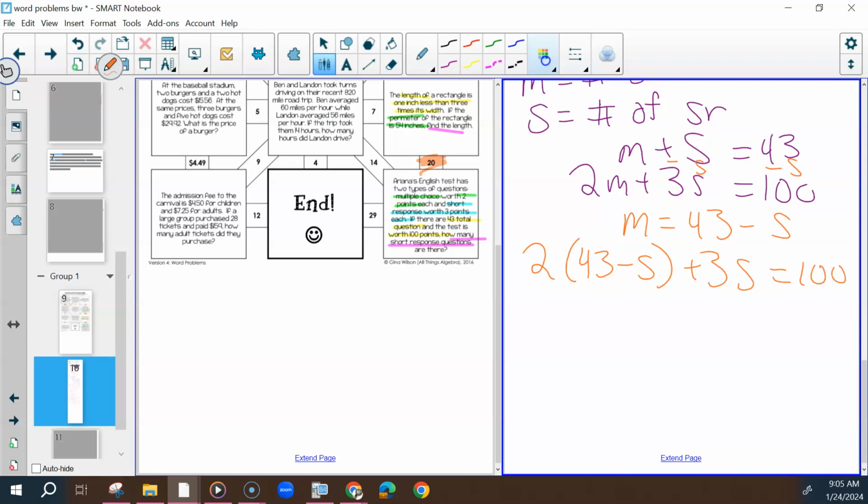And distribute and solve for S. That does say 3S, not 3, 5. I didn't change the color.